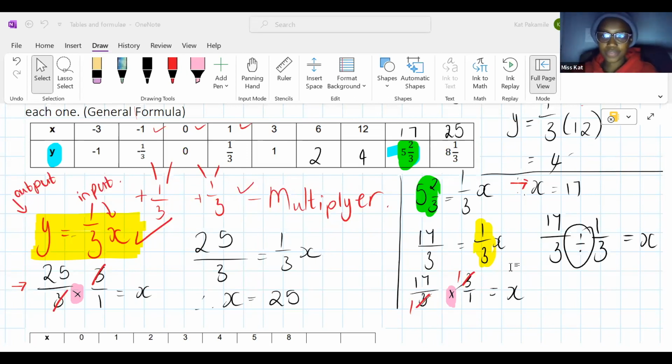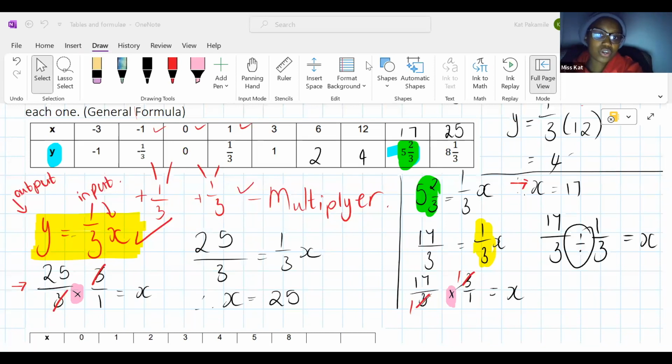Then to solve it, I tip and times. It was divide by 1 over 3, so I made it times 3 over 1. Then the 3's cross cancel, so you're left with 17. Thank you, ma'am, for clarifying. You're welcome.